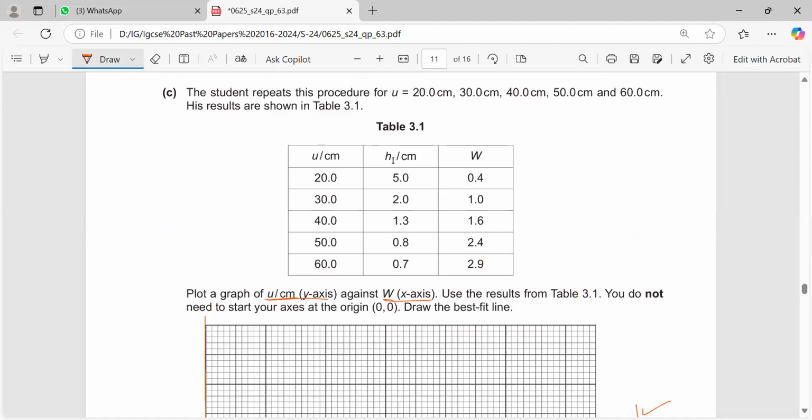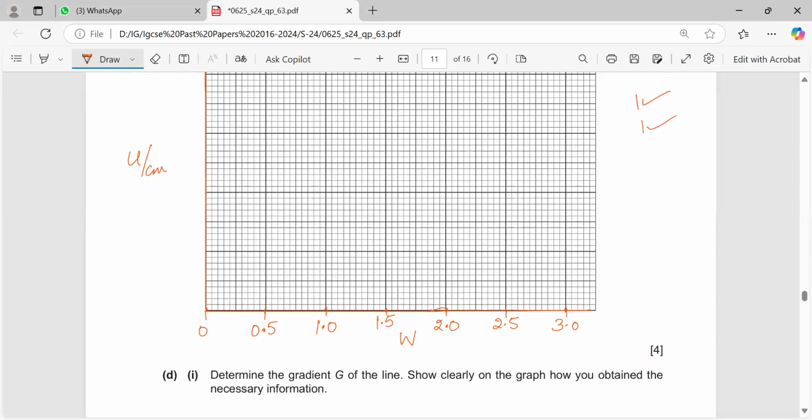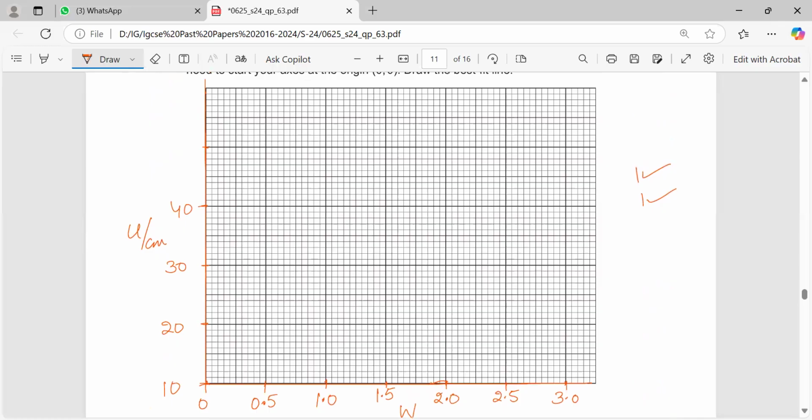Values of u are from 20 to 60. So let's start from 10, then this one is 20, this is 30, 40, 50, and this one is 60.